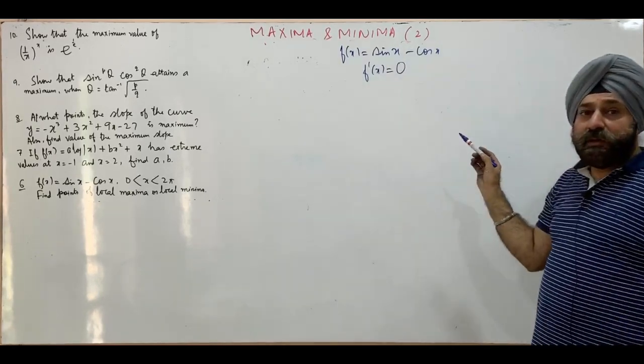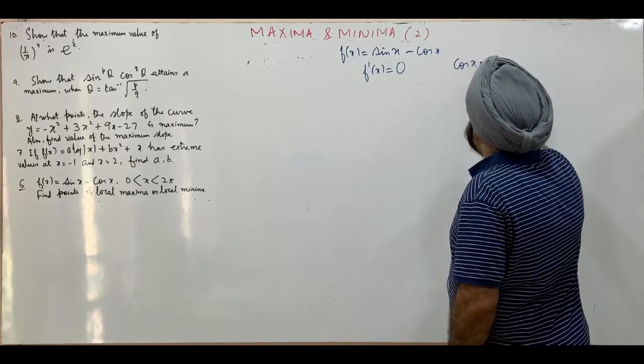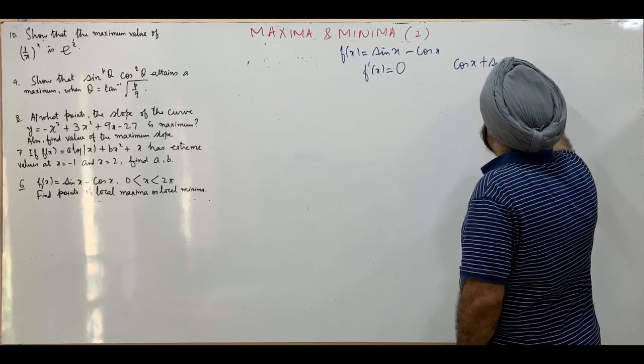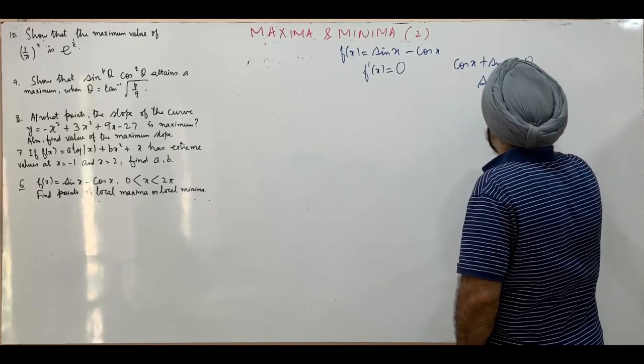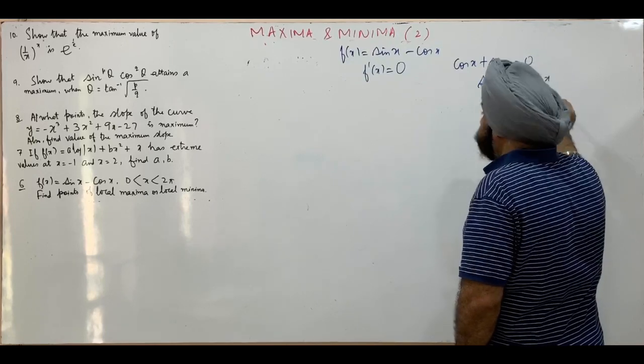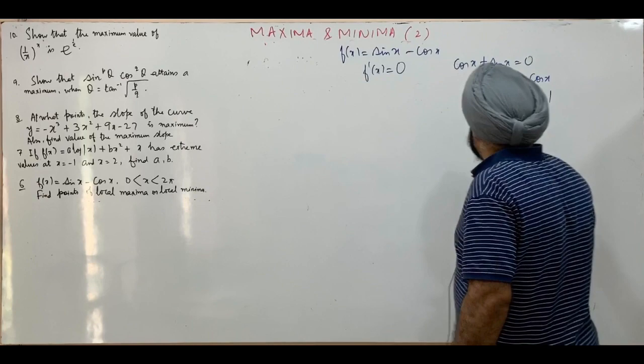This is to find the critical point or points. This is cos of x plus sin of x is equal to 0. Sin of x is equal to minus cos x. That means tan of x is minus 1.